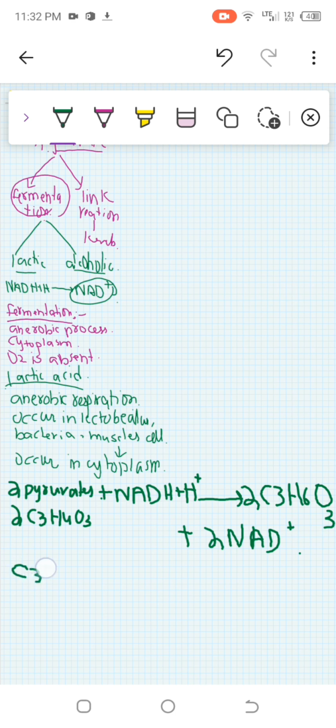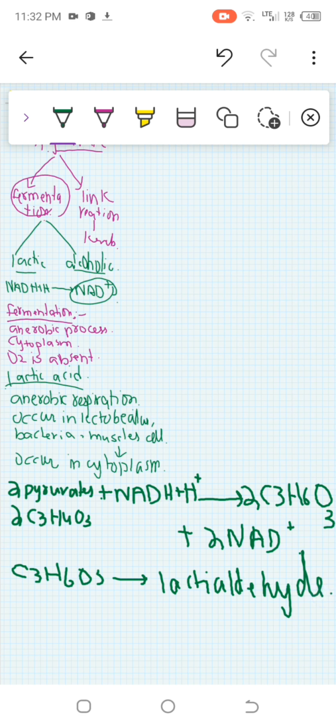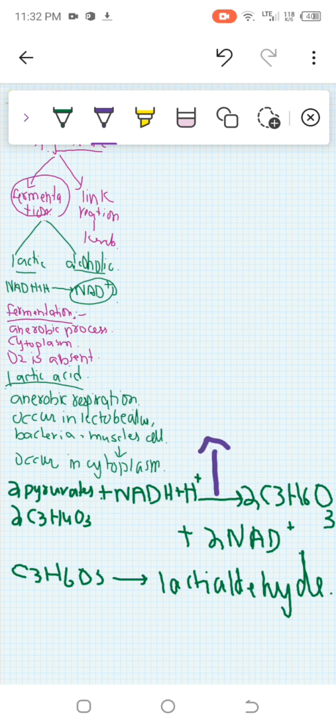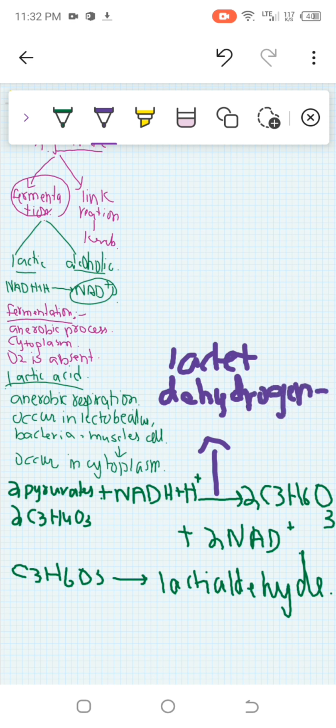Now what is this C3H6O3? This is lactic acid, and this takes place by the enzyme lactate dehydrogenase. Now we are talking about the products.